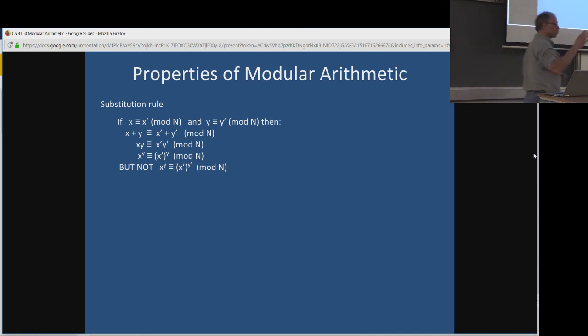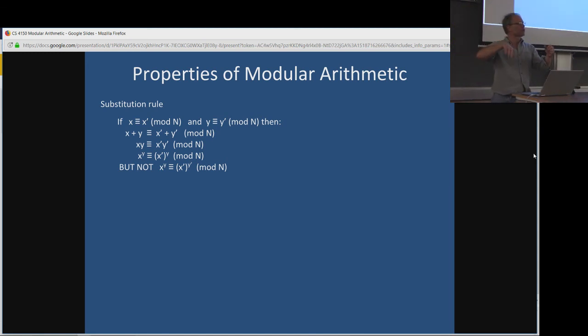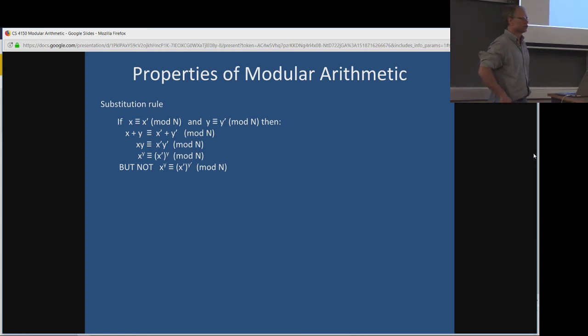When you're doing arithmetic, you can substitute equals for equals, right? Well, this is just saying that property applies in modular arithmetic, but when we say substitute equals for equals, we mean you can substitute things that are equivalent mod n. So you can replace equivalence with equivalence.